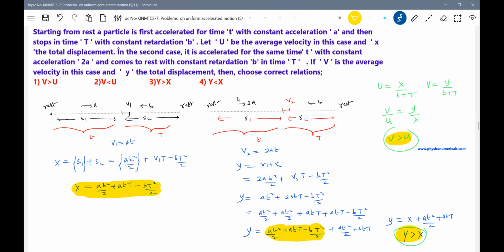If students can draw the motion, how that motion takes place, that will be sufficient. You can really manage the problem. This diagram is very important. Please, all of you, in whichever institution you are learning, there's a very general thing: the moment you read a question, you can't write formulas.